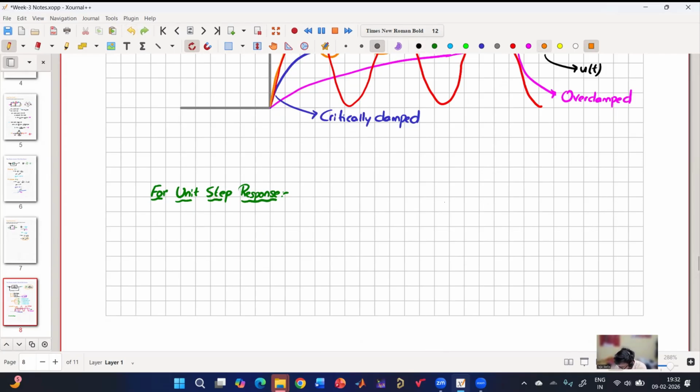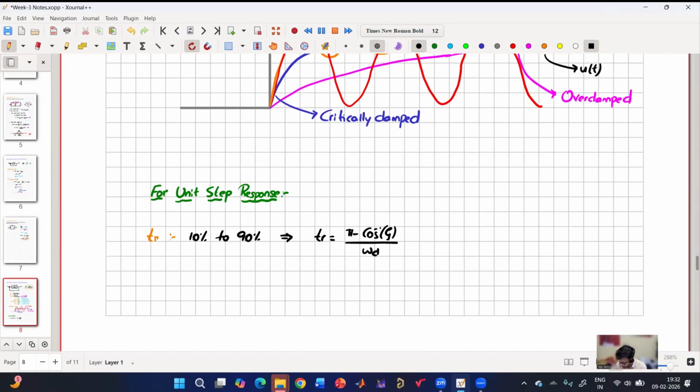One is the rise time. Rise time means the output has reached from 10% of the final value to 90% of the final value. And this is defined as Tr equals pi minus cos inverse zeta by omega d. So this is my rise time.